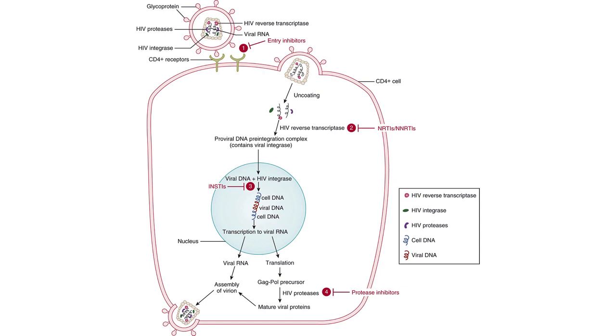Upon attachment, the interaction of GP120 and CD4 receptors cause endocytosis of the HIV. Once endocytosed, the HIV uncoats, as explained in the previous slide, and the genome of the HIV, together with its active enzymes, is released into the cytosol. In the cytosol, the enzyme HIV reverse transcriptase catalyzes the conversion of RNA from HIV into complementary DNA or viral DNA.